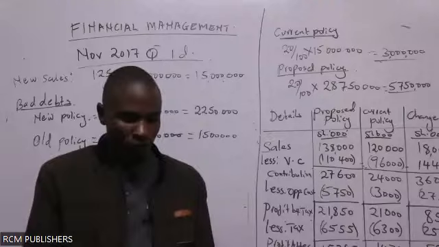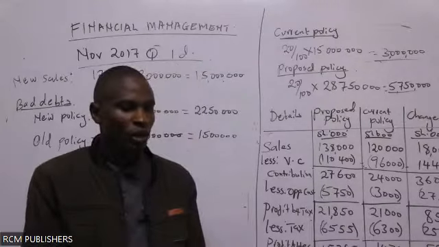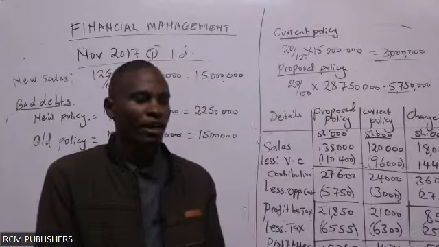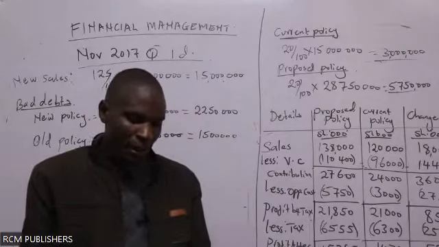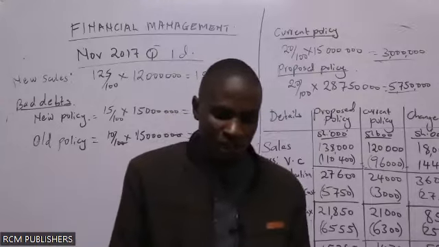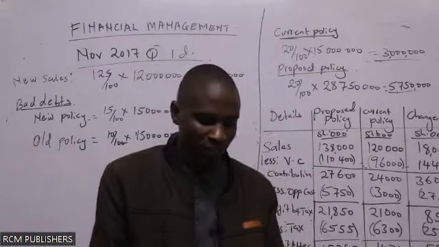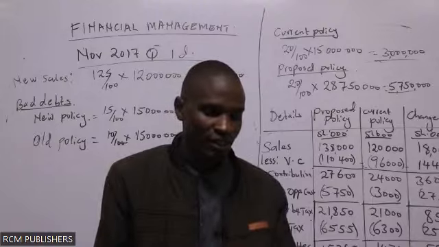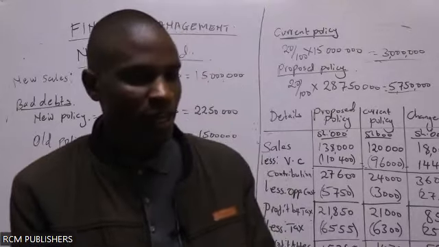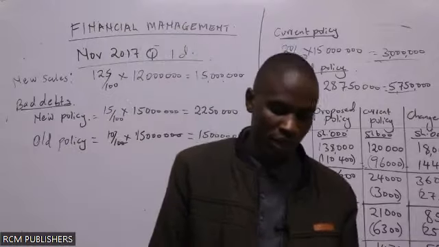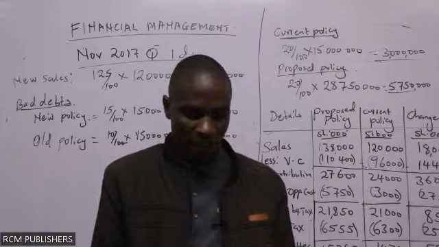And we are told, for the first one, how? Look at the information carefully. That the management of Google Limited intends to change the company's credit policy from net 30 to 3/10 net 60. Net 30 to 3/10 net 60. Therefore, there will be a discount for any customer who pays within that stipulated time.